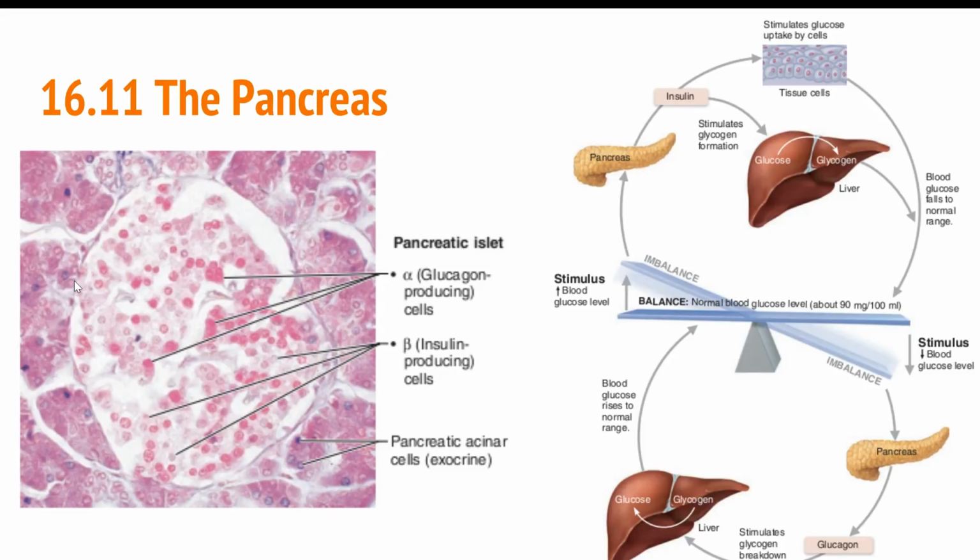Along with the thyroid and parathyroids, it develops from an outpocketing of the epithelial lining of the gastrointestinal tract. Acinar cells, forming the bulk of the gland, produce an enzyme-rich juice that is carried by ducts to the small intestine during digestion. Among the acinar cells are approximately 1 million pancreatic islets, or tiny clusters of cells that produce the pancreatic hormones.